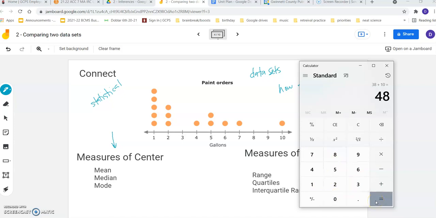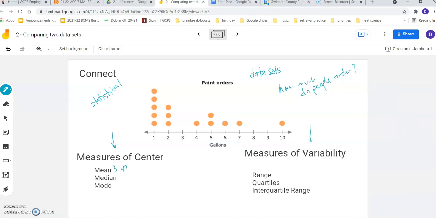And then I divide by how many numbers I added. So 1, 2, 3, 4, 5, 6, 7, 8, 9, 10, 11, 12, 13, 14. So all in all, they ordered 48 gallons and 14 people bought it. So when I divide that, we would say the mean was about 3 43/100, let's say, gallons. Call that a mean. Sometimes people call that an average as well.